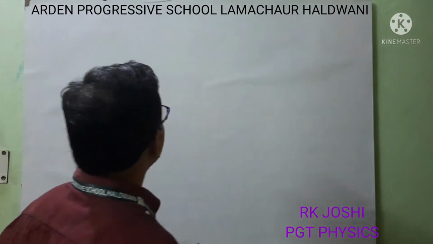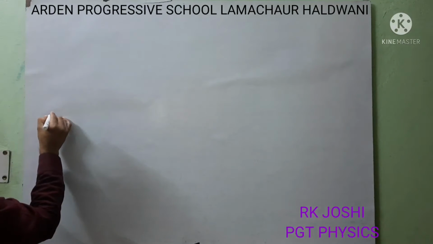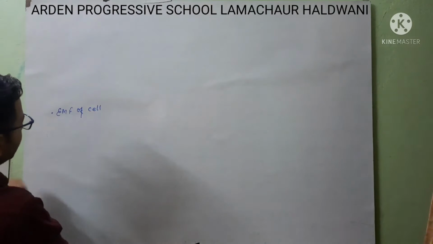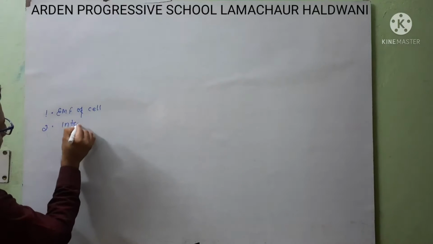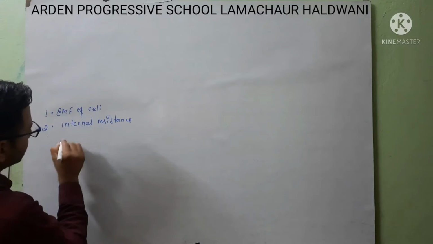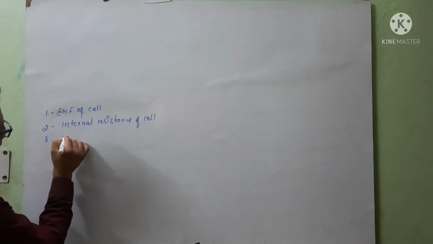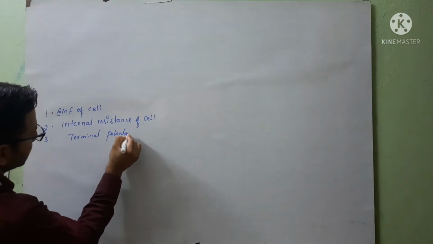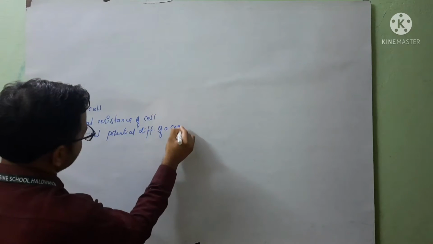The first topic is the EMF of a cell, the second topic is internal resistance of a cell, and the third topic is terminal potential difference of a cell. Got it?